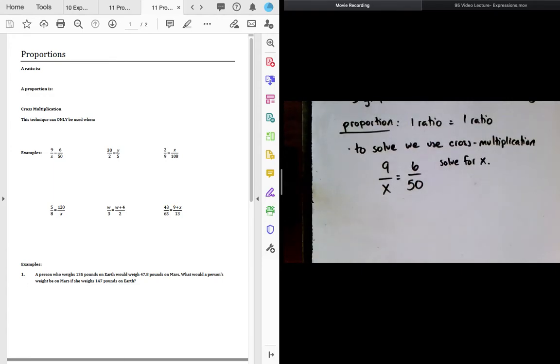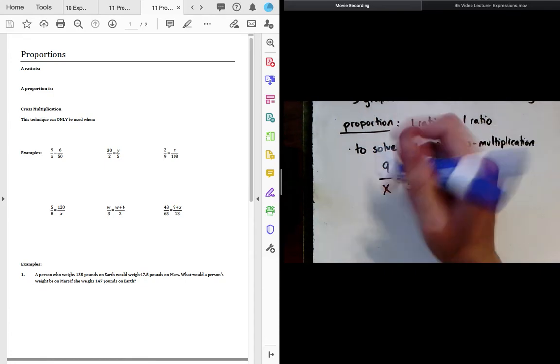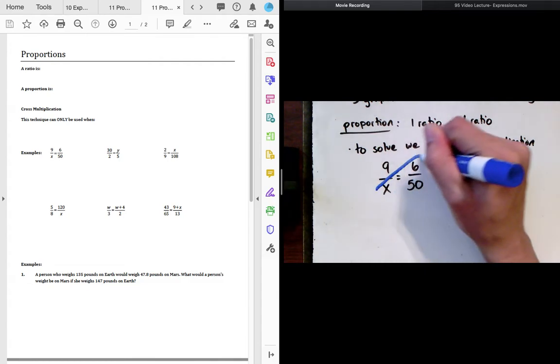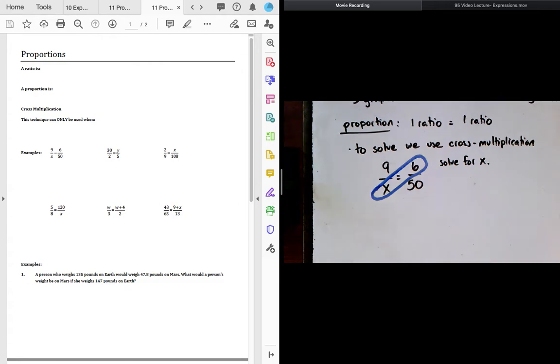So what we want to do is use this cross multiplication method. We cross multiply. Like I said before, we take the bottom of one and we multiply it by the top of another. I like to use some other color and circle them together. And so when I multiply these two together, 6 times x, I can just write that as 6x.